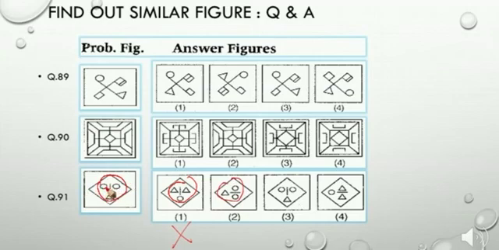In the first place they should be circles. Here it is a triangle. It is incorrect. Let's check option 3. In option 3, yes, both the circles are there and one triangle is below that. So option 3 is the correct answer. Just for the sake of confirmation, let's check option 4 as well. It is not the same. So option 3 is the correct answer.